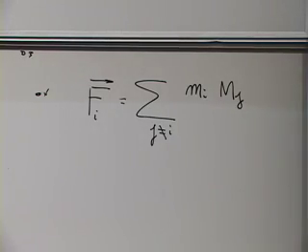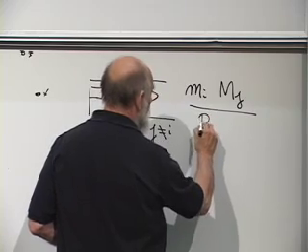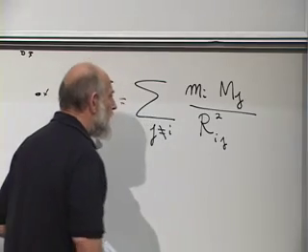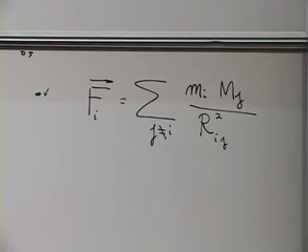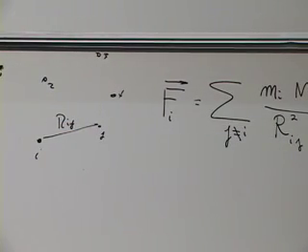Product of the masses divided by the square of the distance between them. Let's call that R_ij squared. The distance between the ith particle and the jth particle is R_ij.